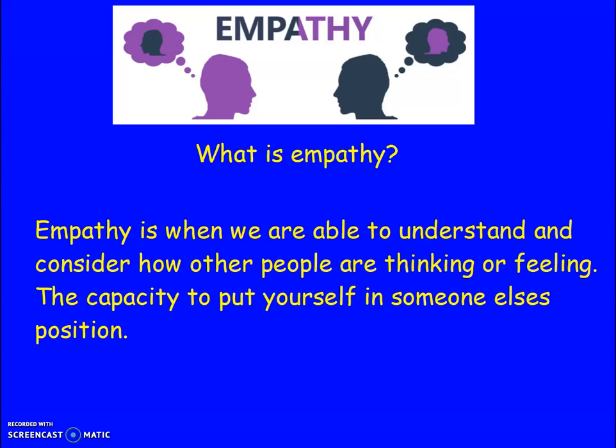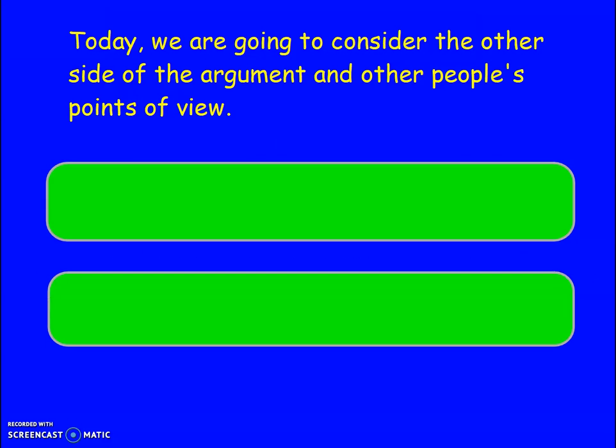So it's about understanding that other people might have different opinions than you, but being thoughtful and considerate of that, okay? And understanding other people's points of view. So today we're going to be considering the other side of the argument, so the opposite to what you have chosen to write your campaign about, okay?